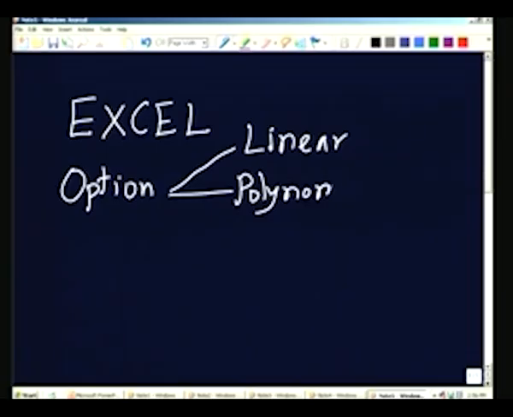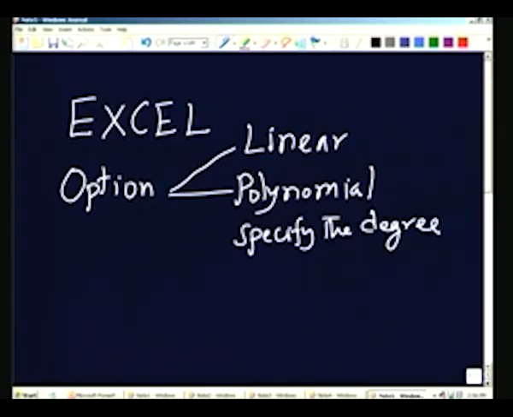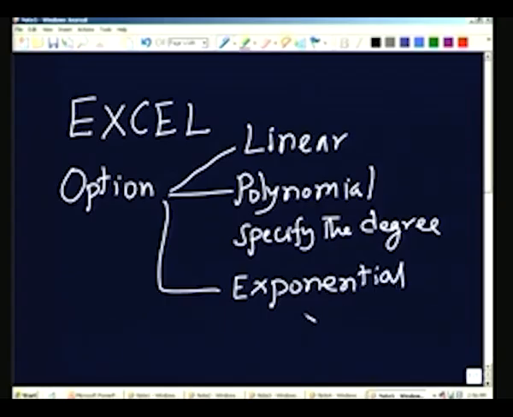So, when I say polynomial, I can specify the highest power or the degree of the polynomial. You can also have exponential, moving average, and so on. So, one just has to use this option, and whatever calculation procedure I showed is automatically performed by the Excel itself, and I am going to get the answer straight away.